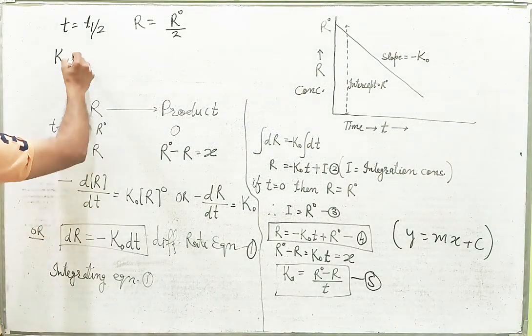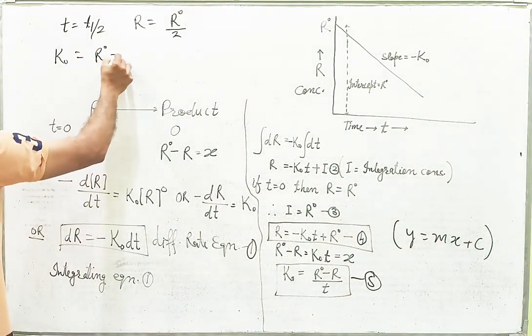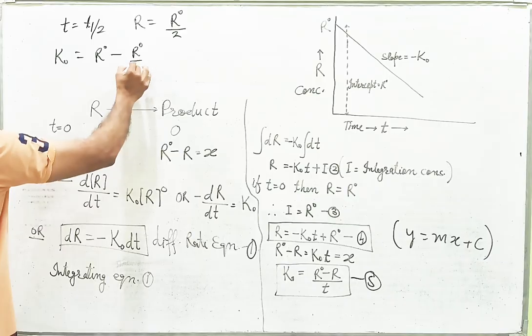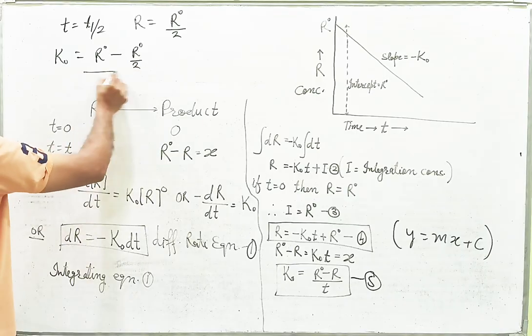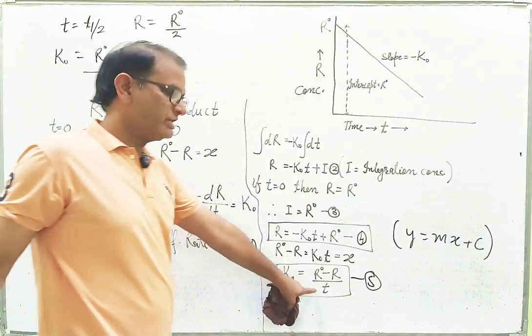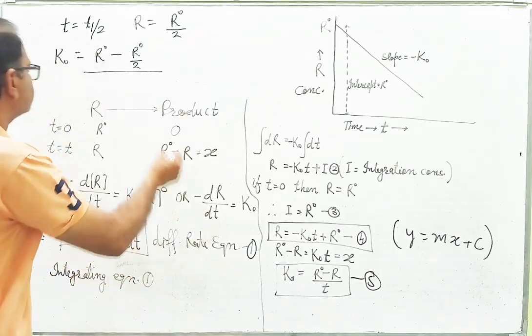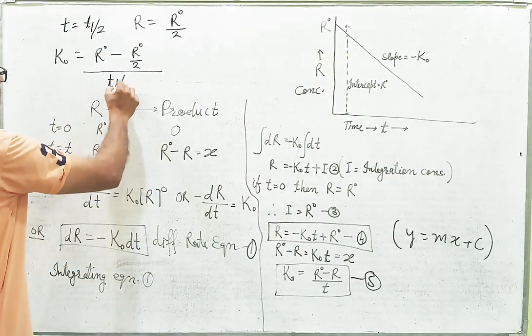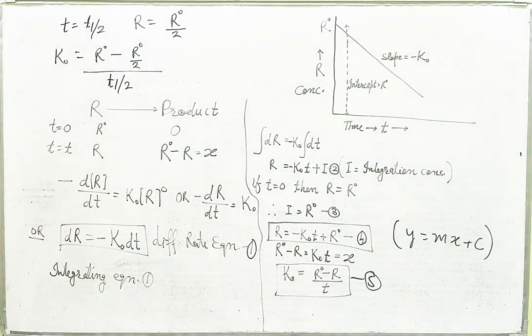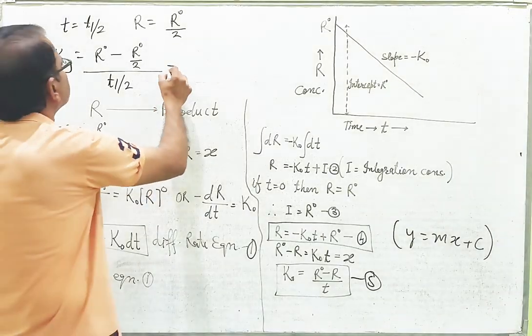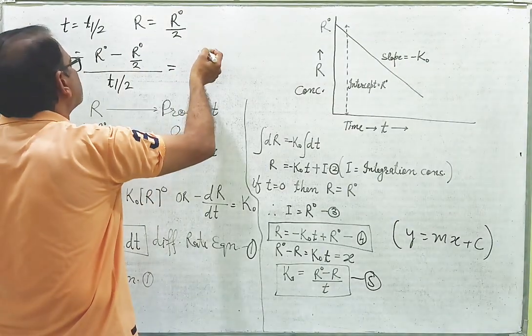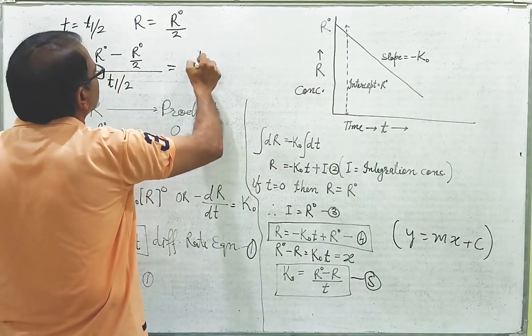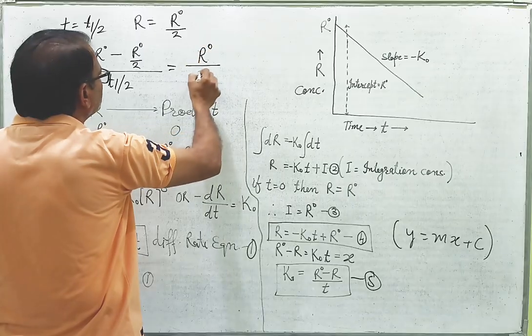K0 will be equal to R naught minus R naught upon 2, and t will be equal to t half, 50%. So this will be the situation. This will be equal to R naught minus R naught half, which is R naught by 2.